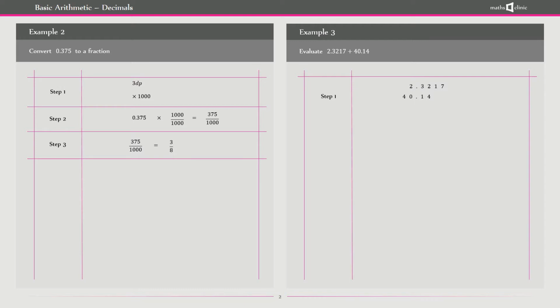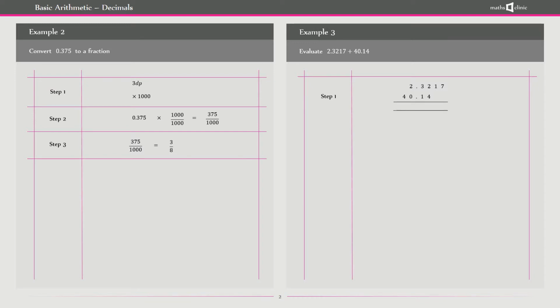40.14. Now when you're adding decimals, there's just one very important rule. The decimal points have to align. Okay, they need to be on the same line. You don't write the numbers out following the way the numbers are arranged. The most important thing is that the decimal points are aligned.